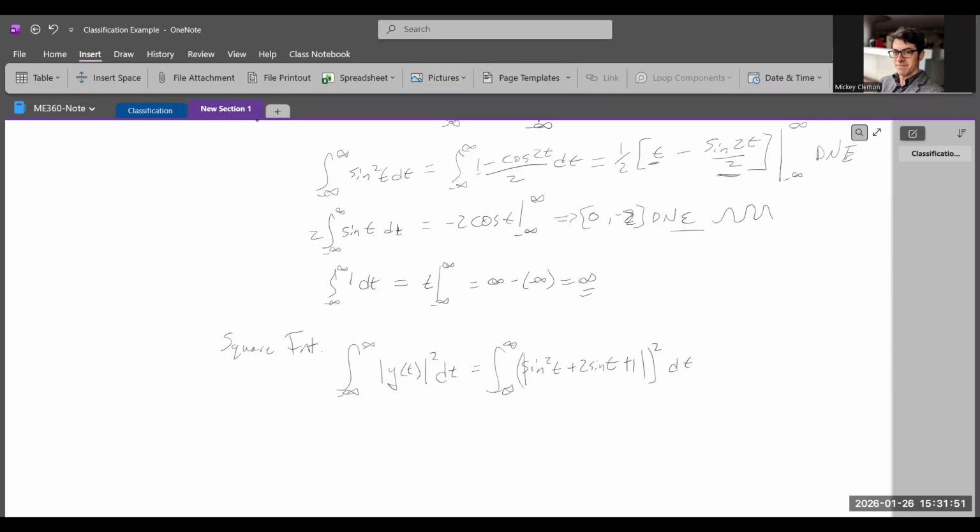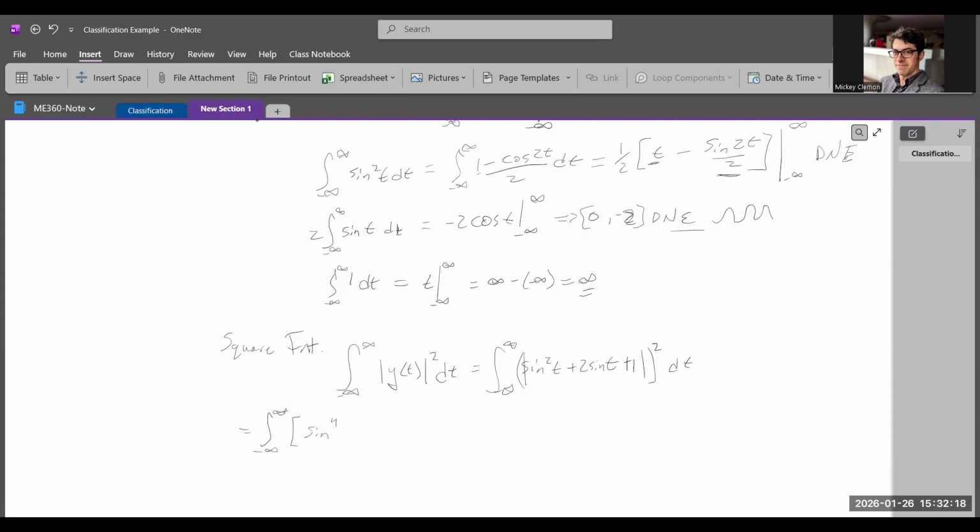So we're going to get a bunch of terms here. So what do those bunch of terms end up being? We end up with, and I'm going to drop the absolute value sign for now just because of how many terms there are.